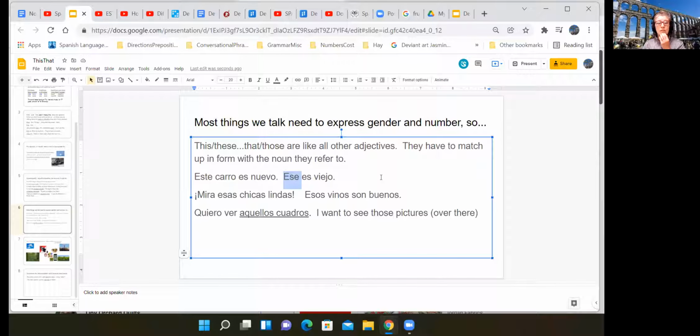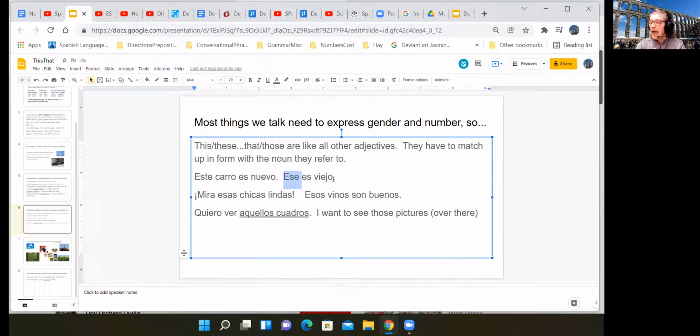Sometimes the word this and that will stand in for the whole noun, and the noun can go away. That can happen. Para que sepan, so you know.